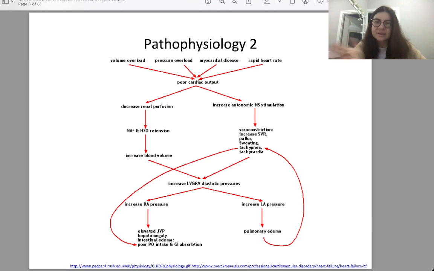The other result is increased autonomic nervous stimulation. It leads to vasoconstriction from sympathetic stimulation with pallor, sweating, tachypnea, tachycardia, and altogether it increases left ventricle and right ventricle diastolic pressure, with its own result for each ventricle.